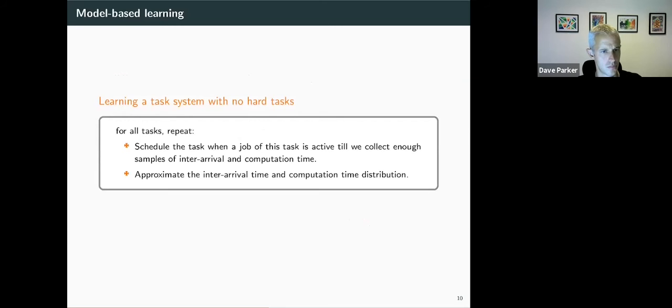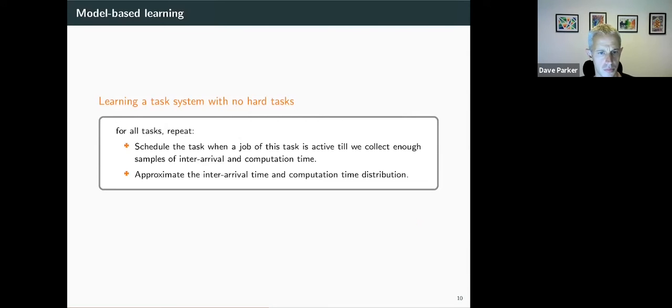We can extend this idea to the case of learning a task system with no hard task. We'll do the following. For all tasks, we schedule the task when a job of this task is active till we collect enough samples of interarrival time and computation time. Then we approximate the interarrival time and computation time distributions.